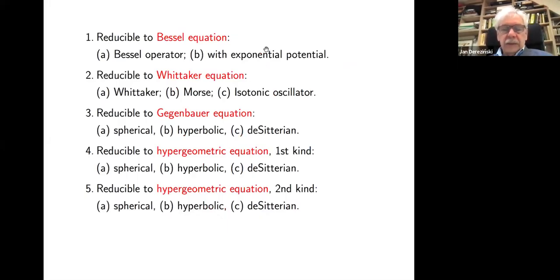There will be, as I said, 14 families. Here is the list of them. This talk is for lovers of botany or ornithology, for people who like to watch various species of plants, birds, and operators.